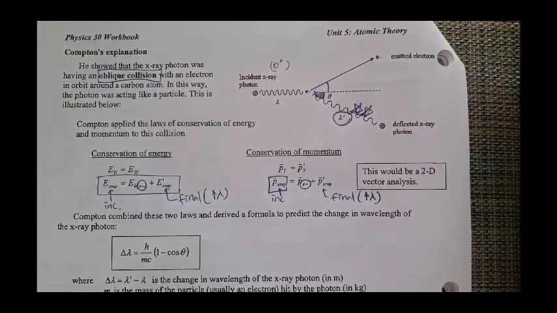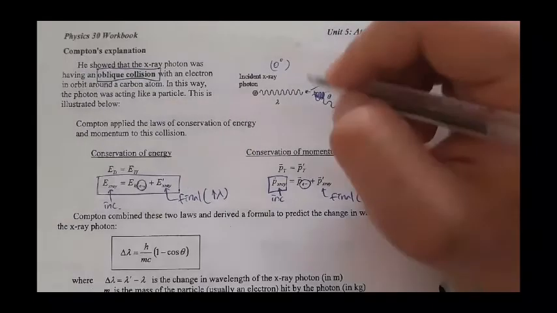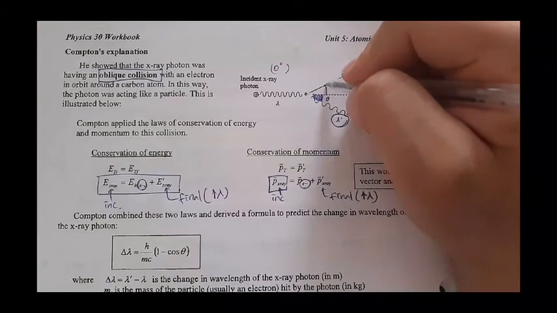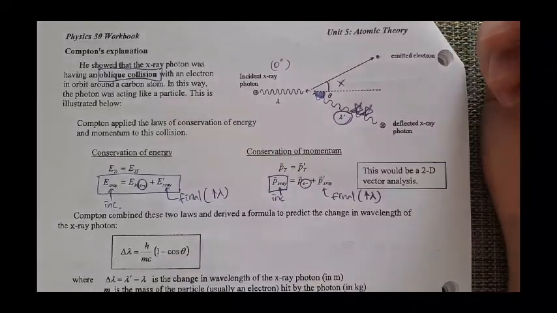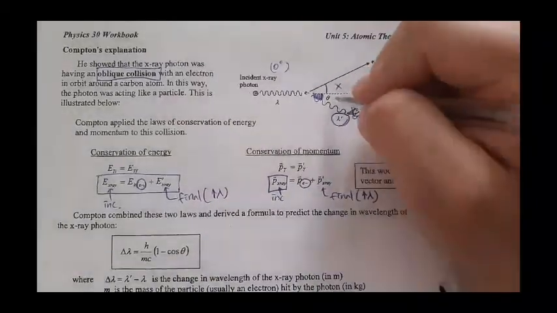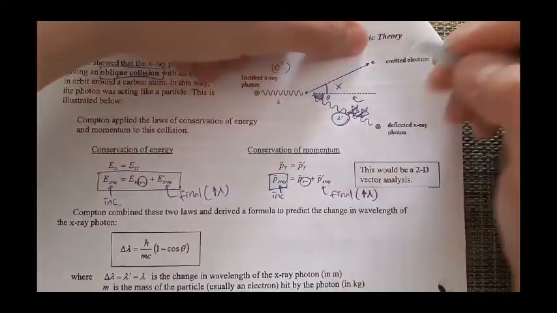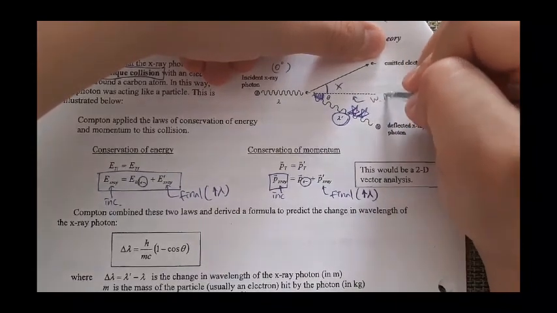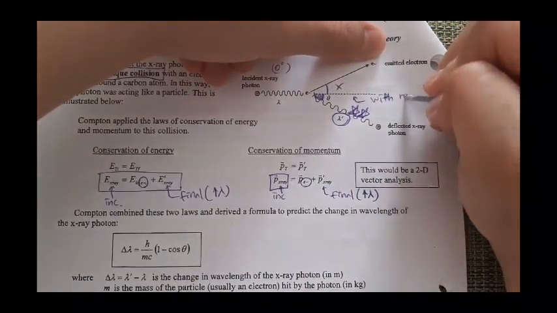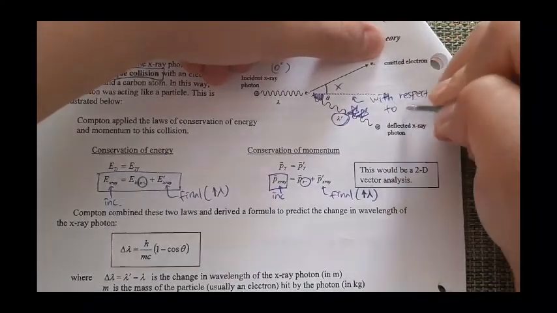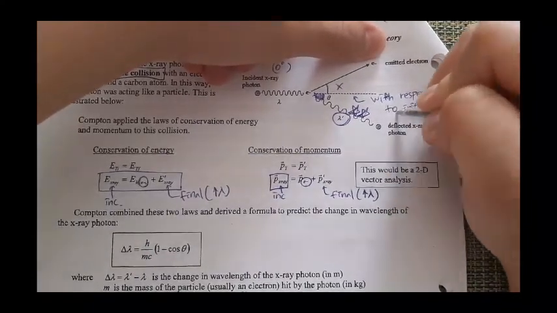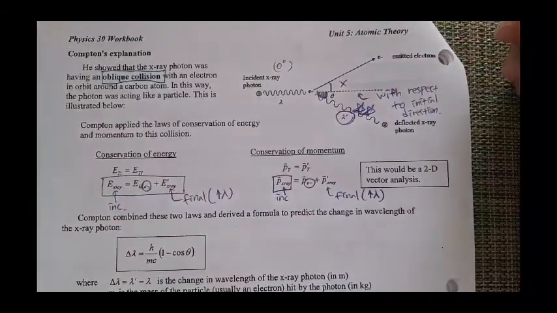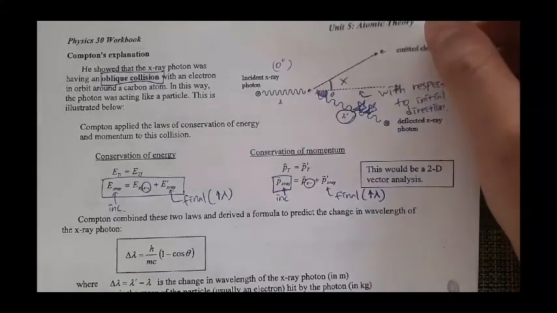We are not talking about the angle for the electrons. So do not use the angle of deflection for the electron. And I like to put this angle with respect to its initial direction. That's what I want to point out.